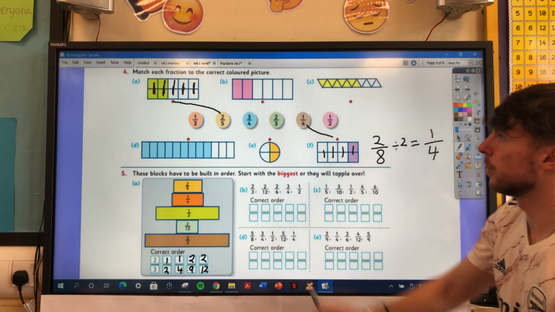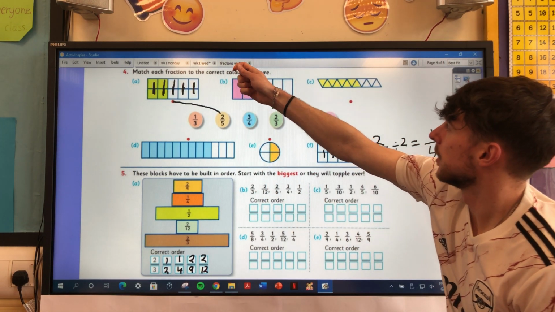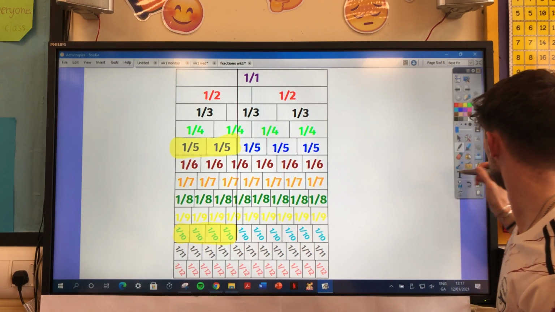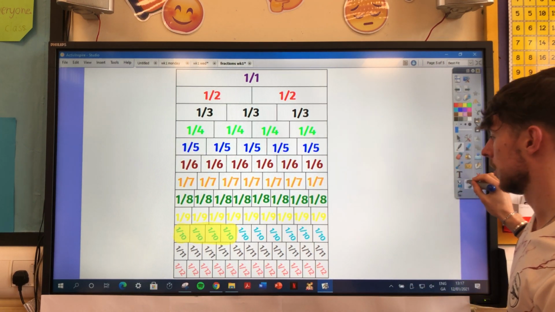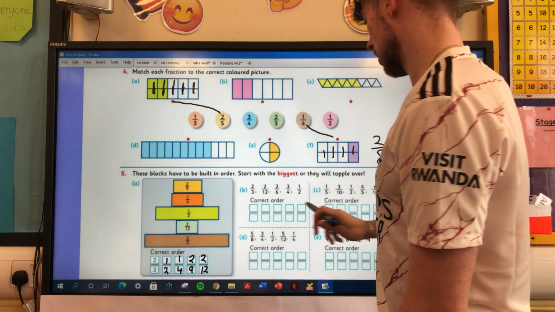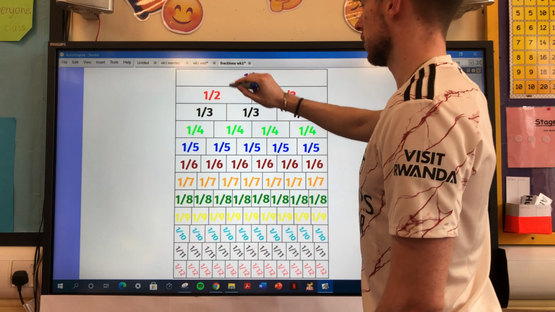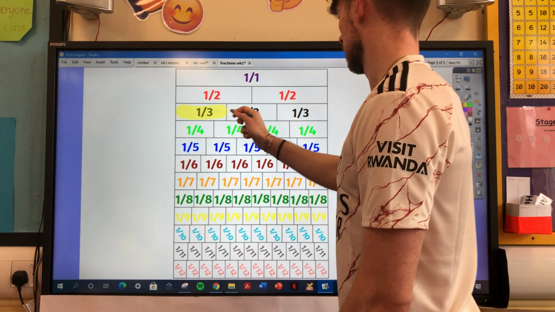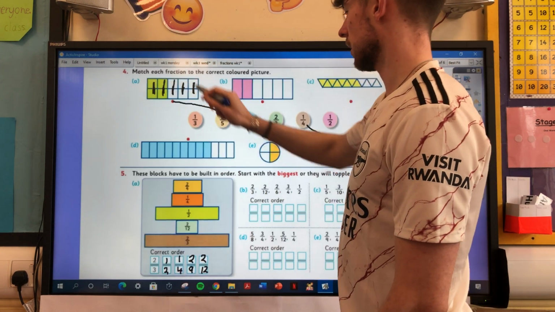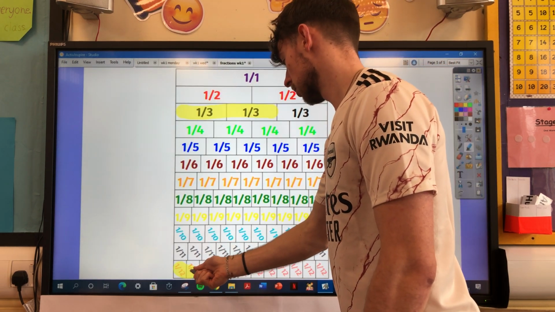I think it'd be easiest to go back to our fraction wall and we'll mark them out. So we have 2 over 3. Next we have 2 over 12.